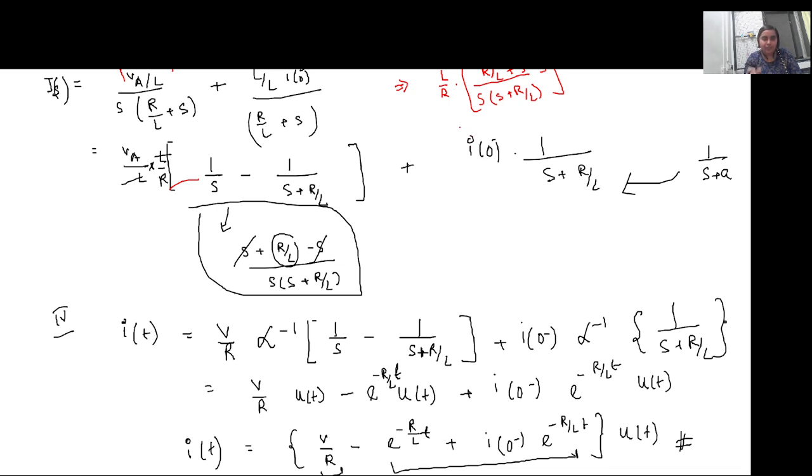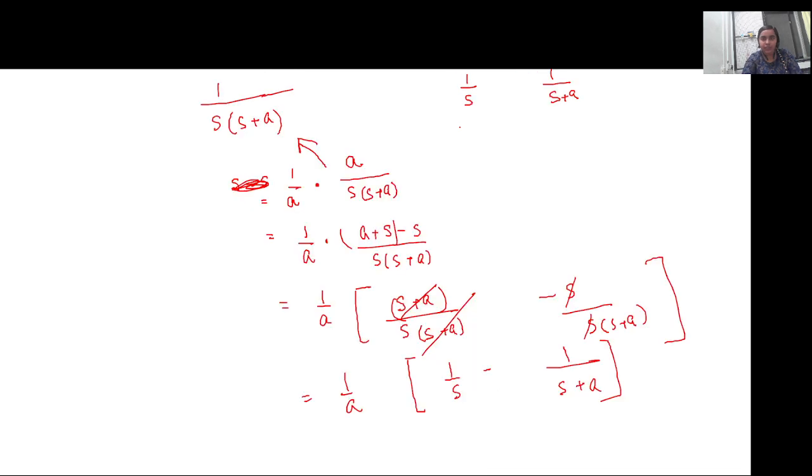If this is difficult to follow through, one more thing what you can do is, so you have this kind of thing. The second approach would be like writing a and b. Suppose you write it as a by s plus b by s plus a, and then you calculate it.